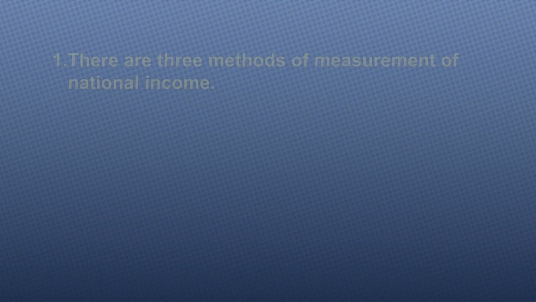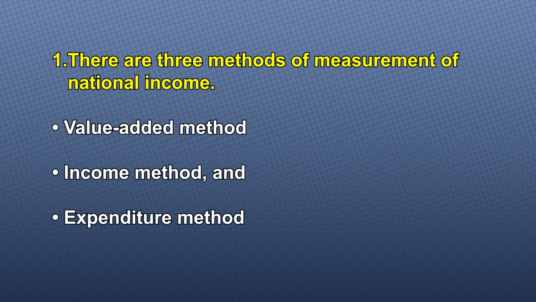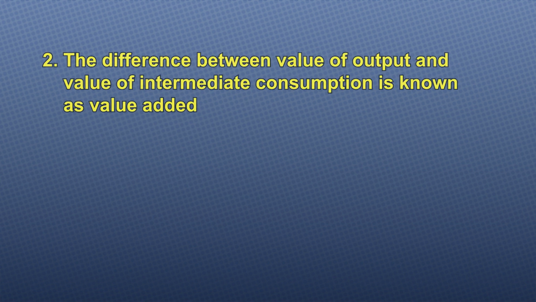Recapitulation. Dear students, in today's session, we have discussed the value added method for estimation of national income. So, this is the time for revision. There are three methods of measurement of national income: value added method, income method, and expenditure method. Second, the difference between value of output and value of intermediate consumption is known as value added.